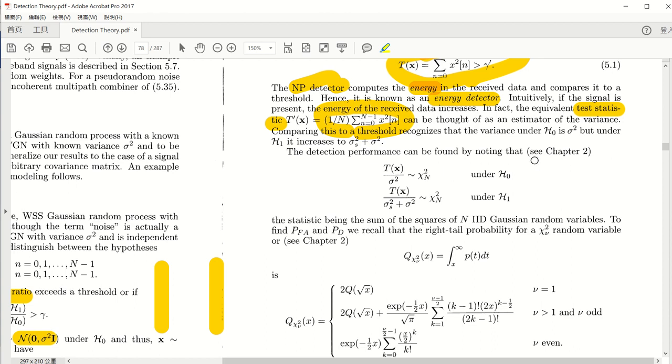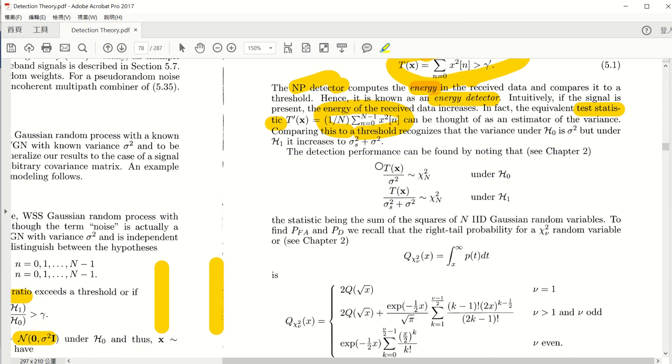Remember in chapter 2, we introduced a lot of distributions. We have chi-square distribution, we have Rayleigh distribution, and then this is the chi-square distribution.